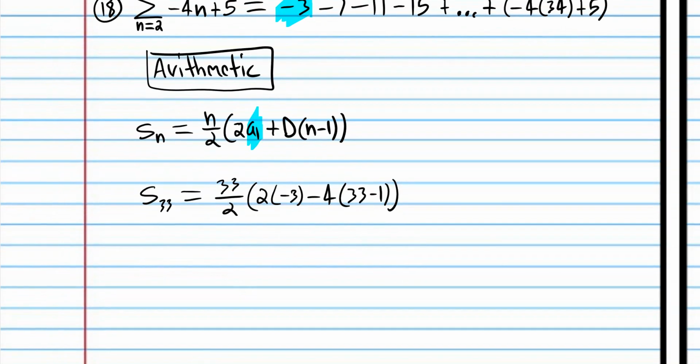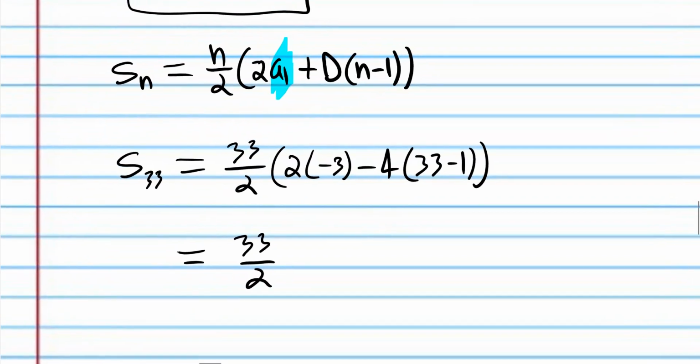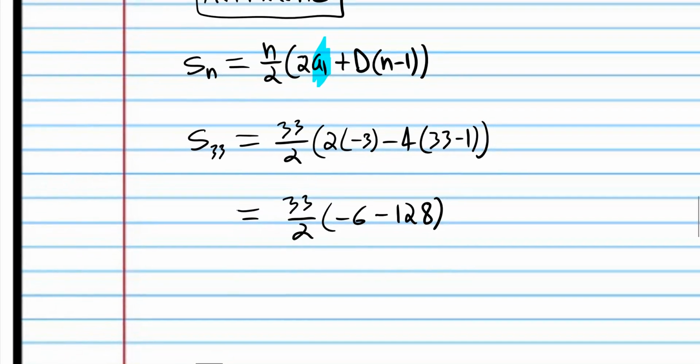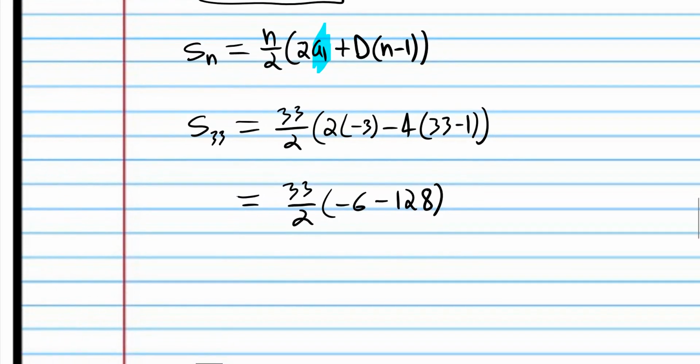So now all we have to do is simplify that. So we have negative 6, and we're going to get negative 4 times 32. So that'll be negative 128. And then we get 33 over 2 times negative 134.